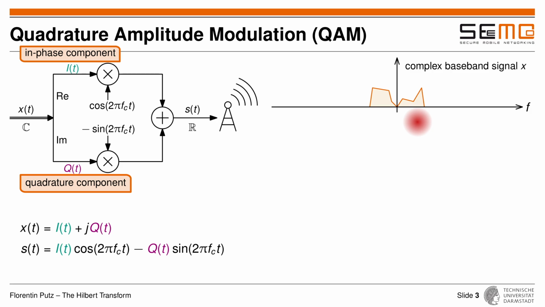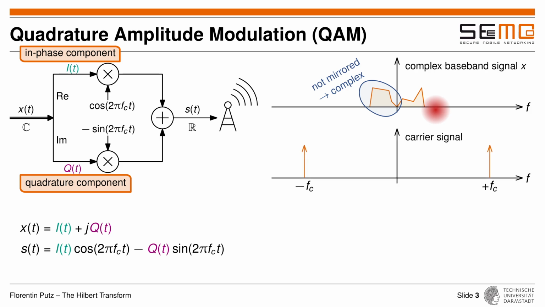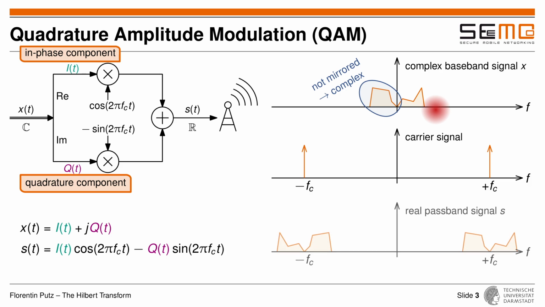In this case, we now have a complex baseband signal because we have two different signals, the real part and the imaginary part. And because it's complex, it's not mirrored anymore. So the negative frequencies can be freely chosen and are independent of the positive frequencies. We also have a carrier signal again. And as a result, we get a real passband signal, and you can see that it's real because it's mirrored again.